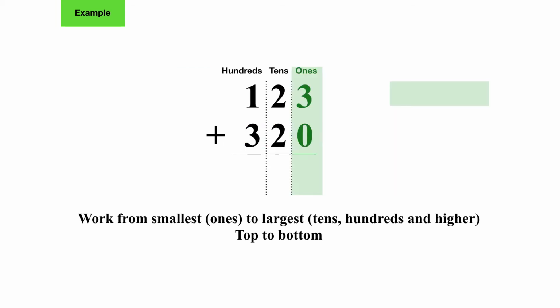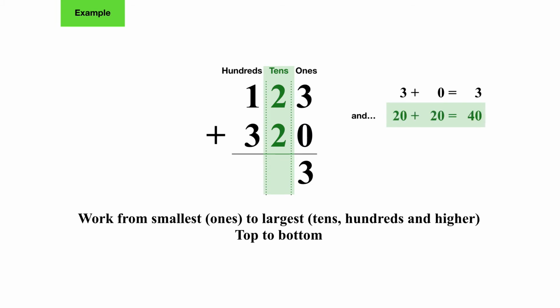Now we add up. Starting with ones first, we're going to say 3 plus 0 equals 3. So we've got 3 ones, and we write our 3 underneath our line. The next step is to add the tens. So we're going to add 2 tens with 2 other tens, and we're going to get 4 tens, or 40.